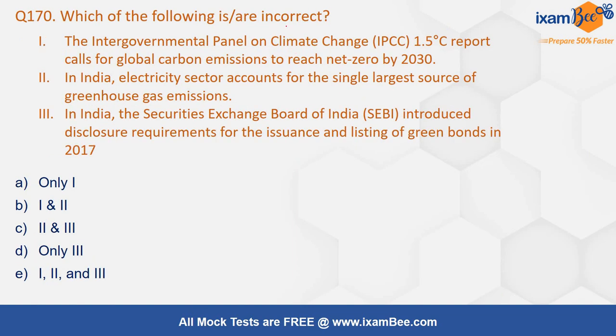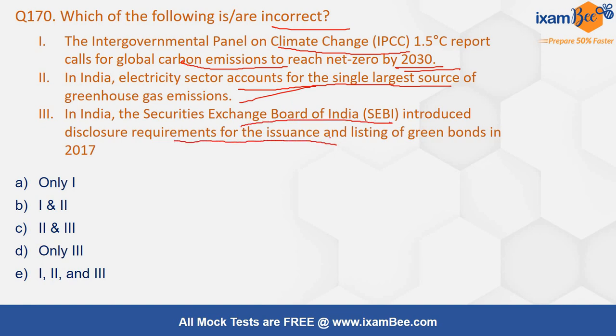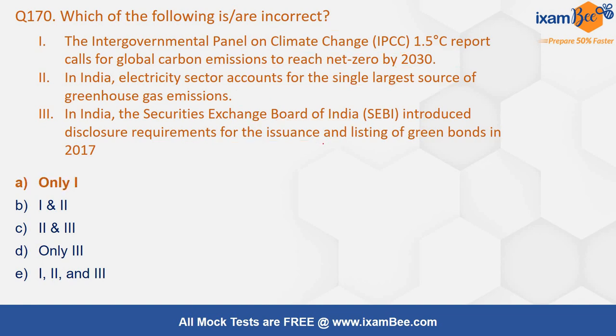Which of the following are incorrect? The Intergovernmental Panel on Climate Change says that the 1.5 degree C report calls for global carbon emissions to reach net zero by 2030. In India, the electricity sector accounts for the single largest source of greenhouse emissions. In India, SEBI introduced disclosure requirements for the issuance and listing of green bonds in 2017.